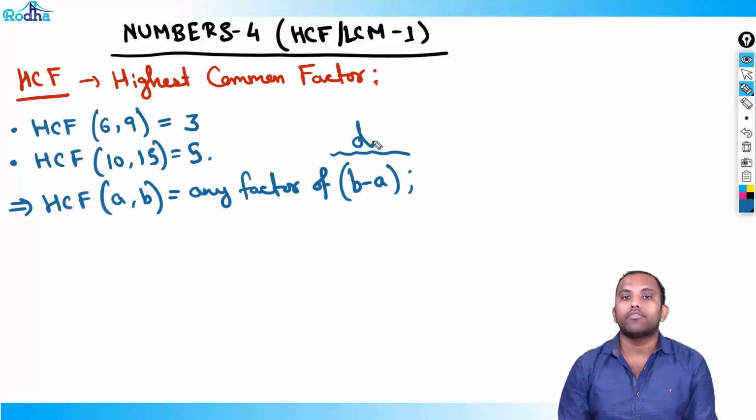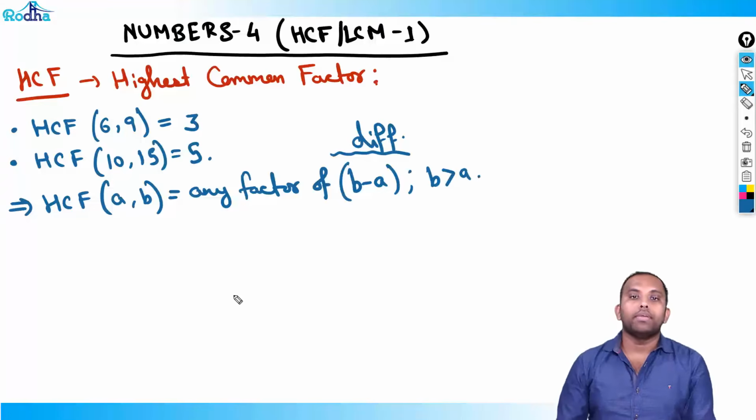We take the difference where B is greater than A, whichever is greater, we'll take that. So HCF of A, B is any factor of B minus A.